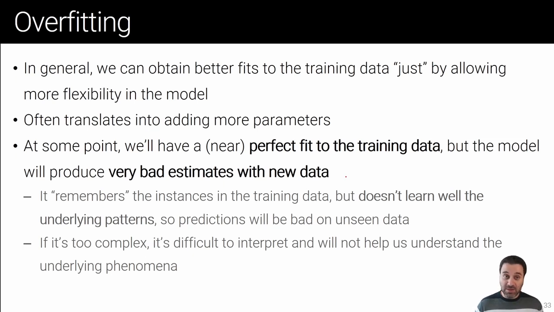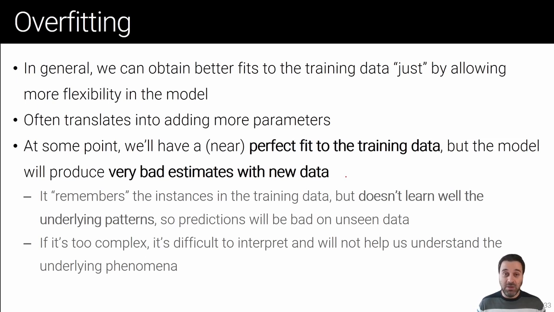This often translates into adding more parameters. So if we keep adding more and more coefficients to the model based on the relationship between the variables and the response, then we're going to allow the model to vary in more, for example, non-linear ways to try and accommodate all the training observations.